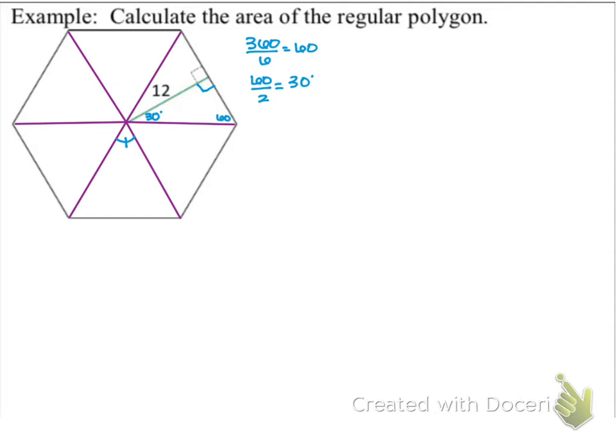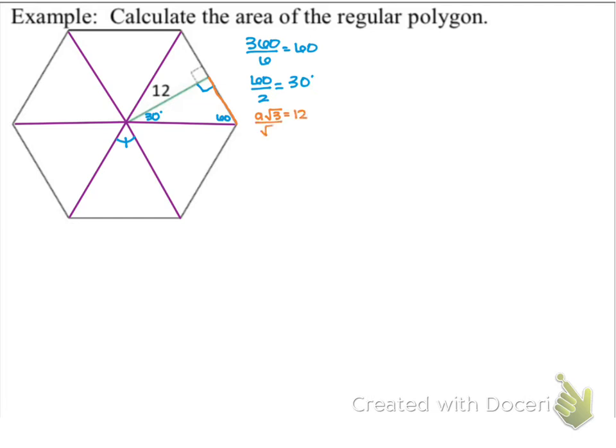At this point, I have to identify, I've got my apothem, that's good, I need that information. I do not need the radius, the purple length, but I do need the base itself. So let's go ahead and color code that length. So I need to find this length in orange that I just highlighted. All right, so using what I know about special right triangles, I know that a root 3 is going to be equal to 12.